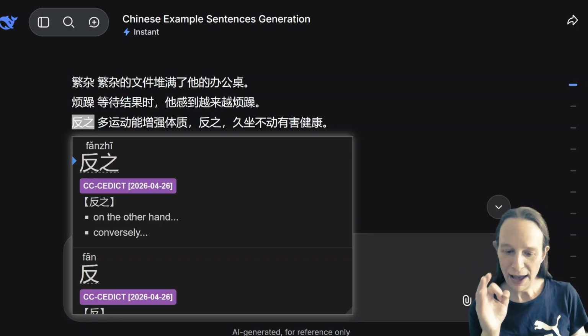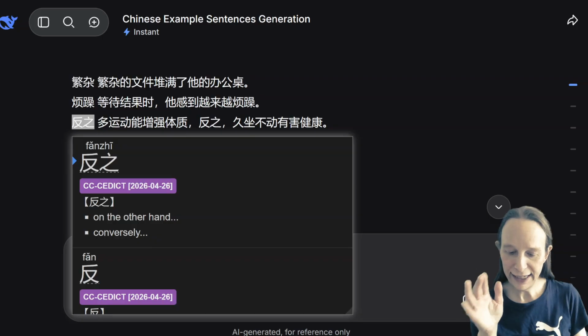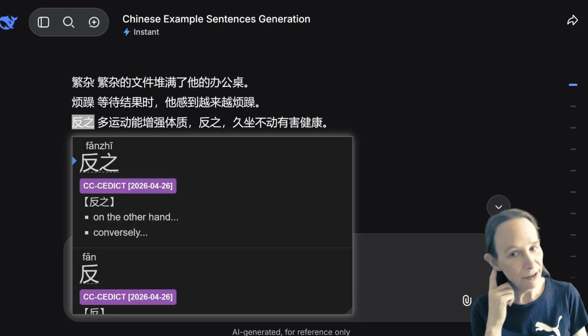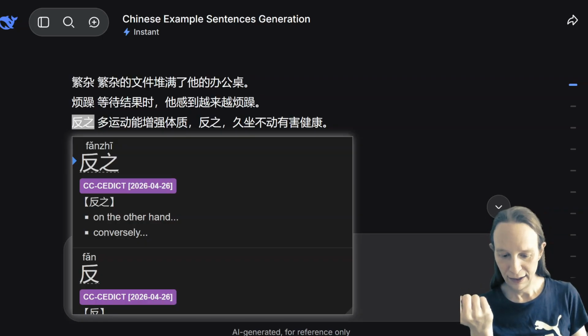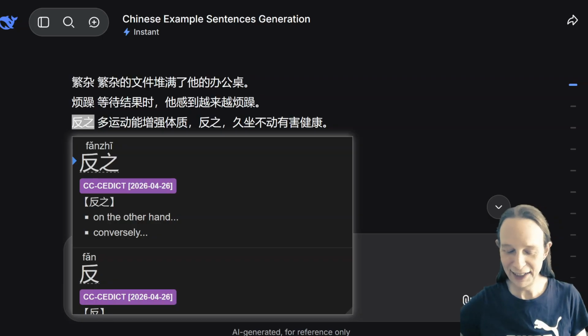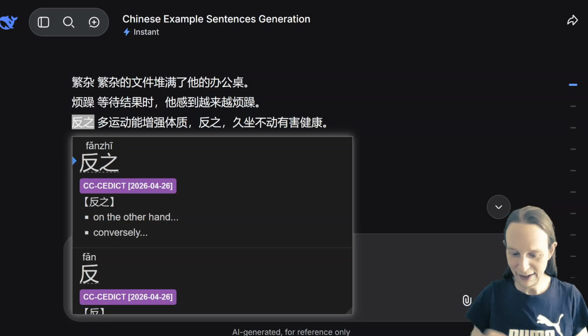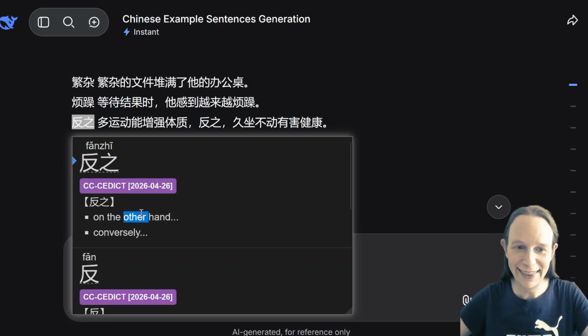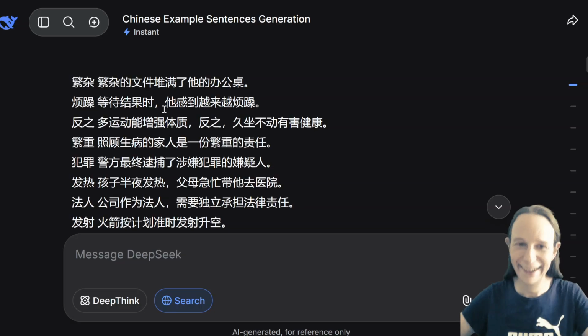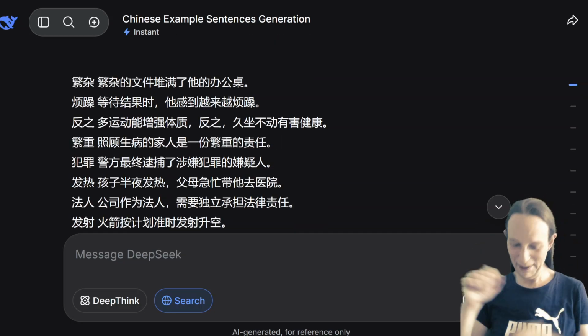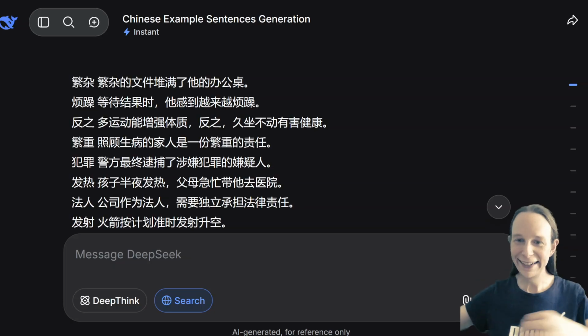Okay, 海拔越高, 气压越低. 反之, 海拔越低, 气压越高. So the example sentence was conversely, but the definition was on the other hand. Bit of an issue in it.